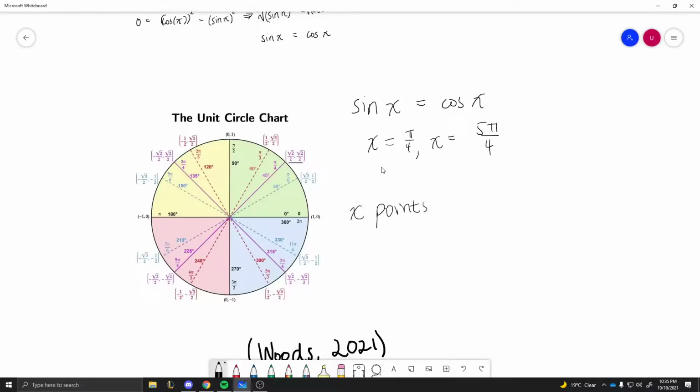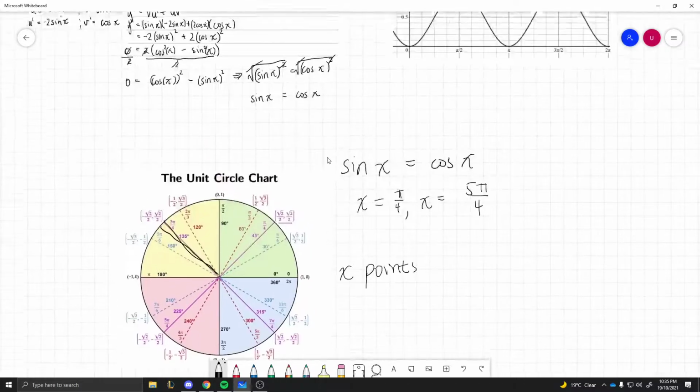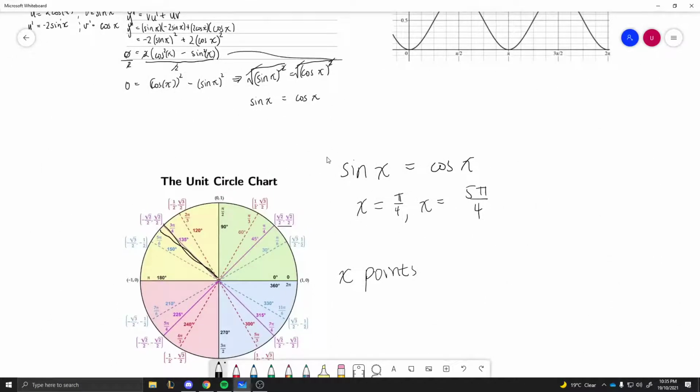I'm unsure if the marking guide accepts these points, because technically they are not equal here. But another thing to consider is what the equation was if you go back up: sine squared x equals cos squared x.